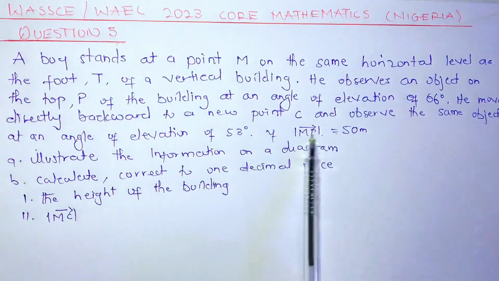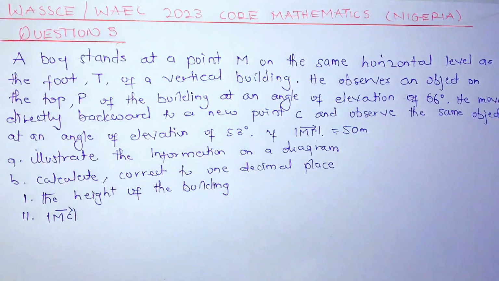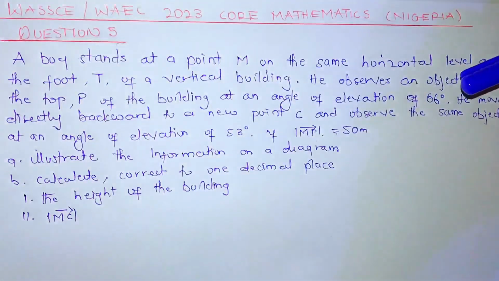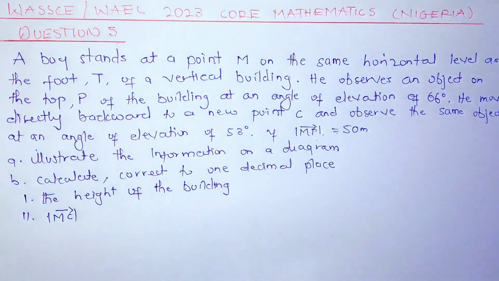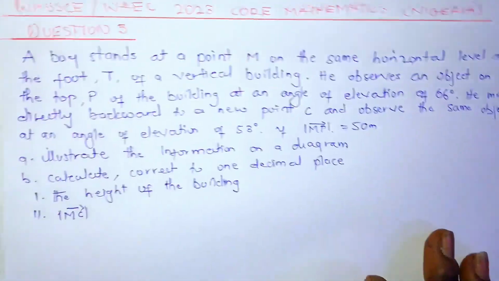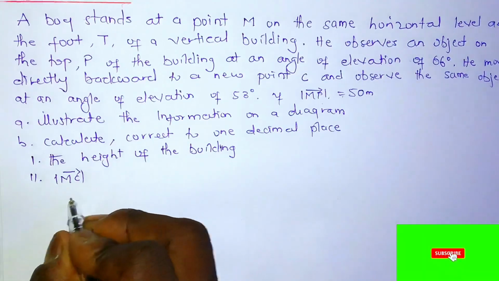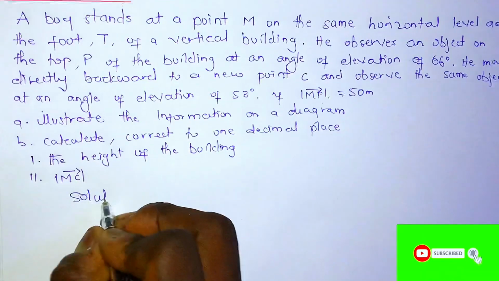If the length MP is 50 meters, we are asked to illustrate the information on a diagram. Okay, so let's get into it. A, we are asked to illustrate the information on a diagram. So solution.